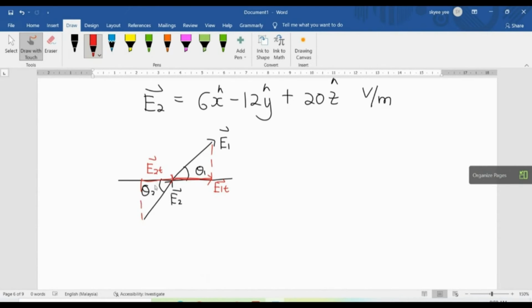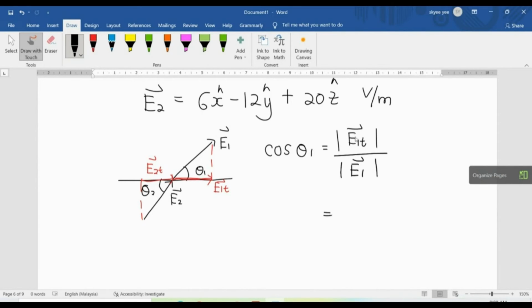It's a triangle, so you can just use the trigonometry method. Using the magnitudes of E1 and E1T, you use cos theta 1 equals the magnitude of E1T divided by the magnitude of E1. Magnitude is a length, to be easier.